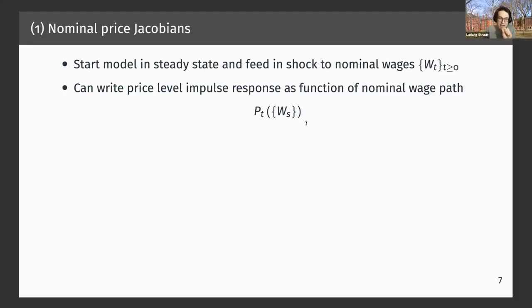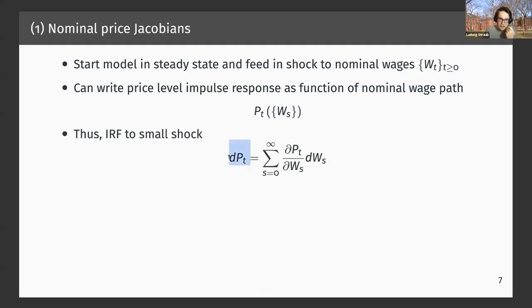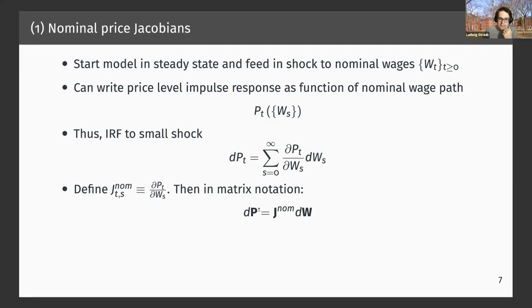Now, when I linearize this relationship, I basically see that the small impulse response of prices is just the total derivative of this expression. And if you stack this equation, you get a matrix equation: if I feed in a shock to nominal wages, which I'm going to stack as a vector here, then there's some matrix that links that shock to the observed price response.